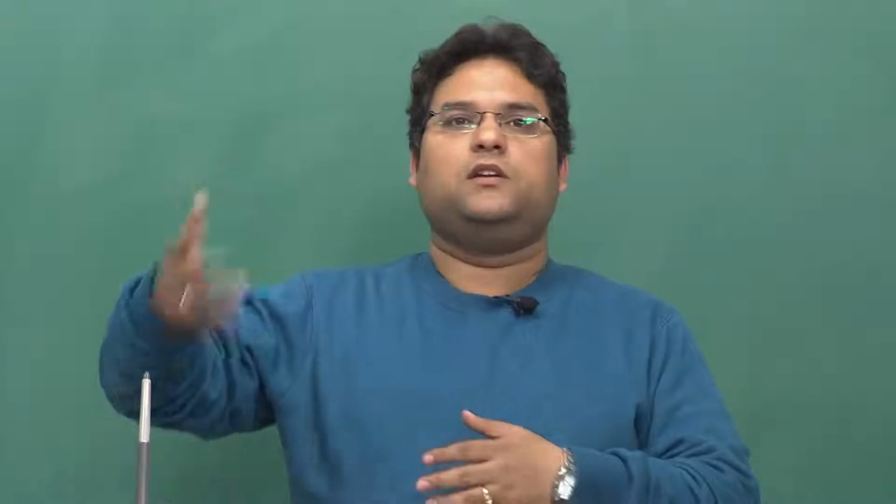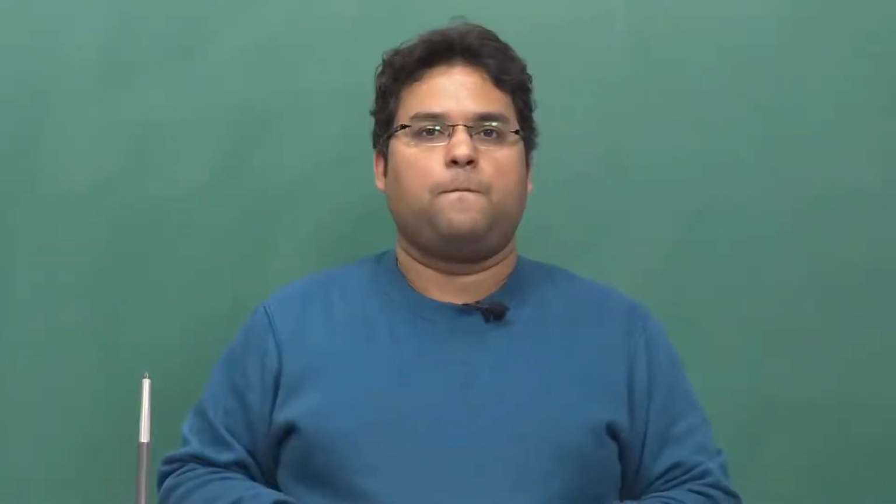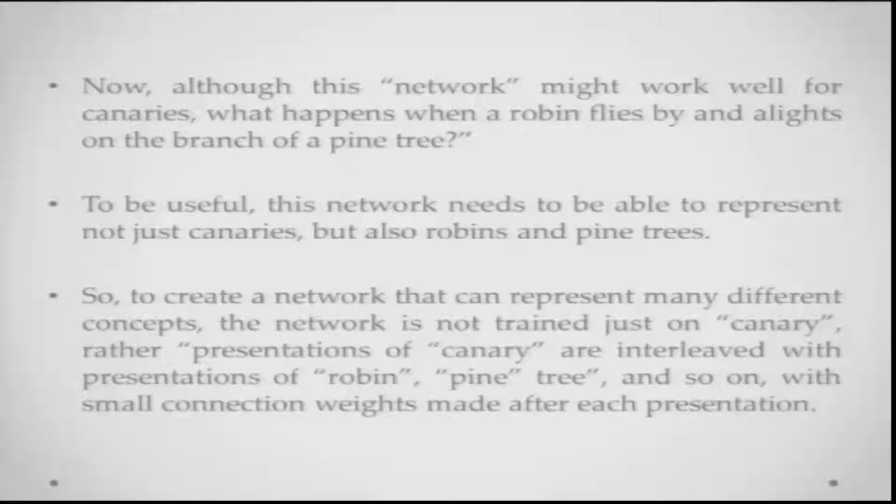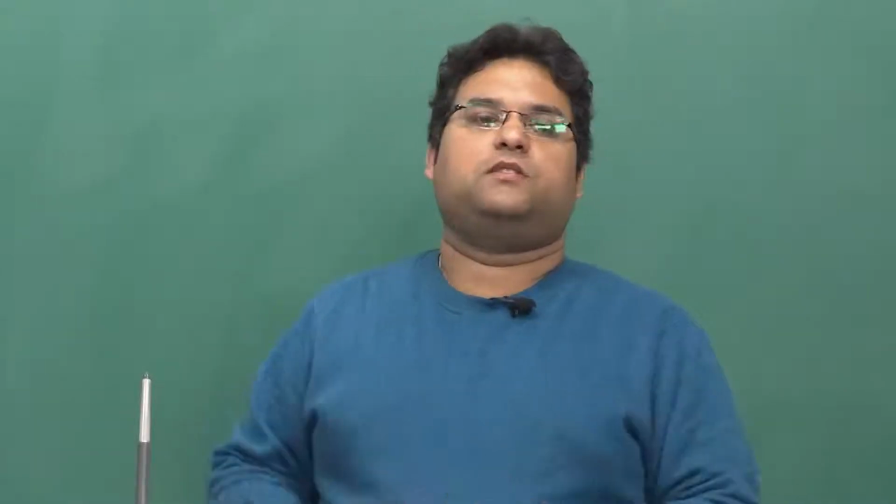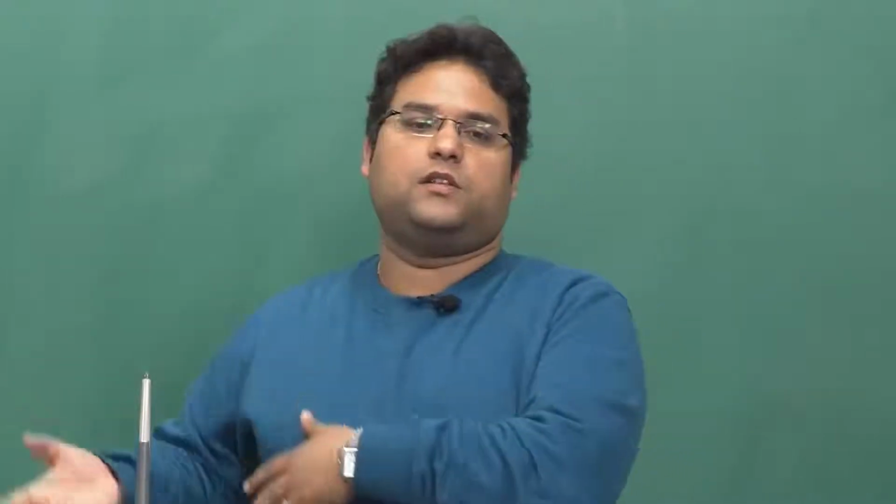But if a robin comes and sits next to the canary, how is the network going to react to the robin? To be useful, and to represent human conceptual organization in some analogous way, this network would need to represent not only canaries but also robins and other kinds of trees and animals, etc. So, to create a network that can represent these many different kinds of concepts, it is not usually trained on just specific concepts like the canary or the robin or just the cat.